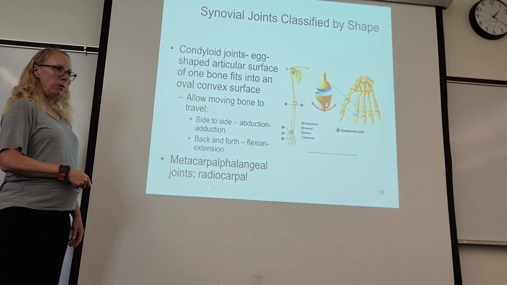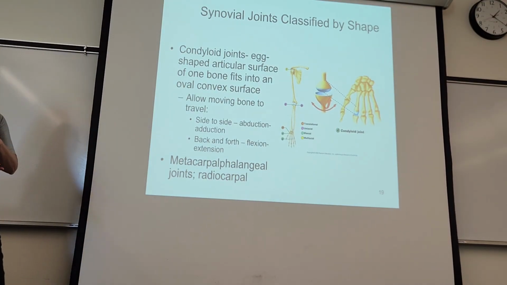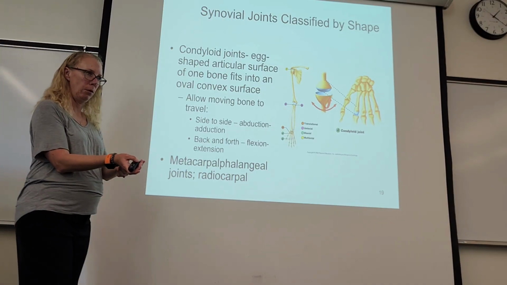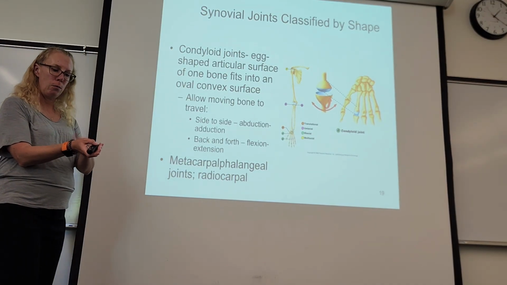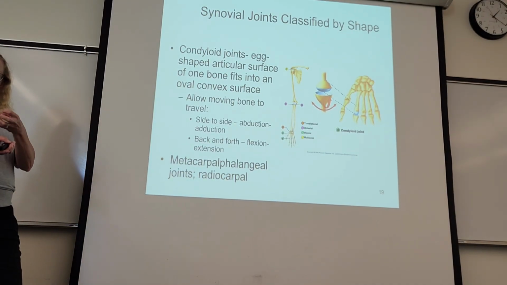The radiocarpal joint is the distal end of your radius articulating with the carpal bones, okay? The distal end of your ulna doesn't really articulate with the carpal bones. It's too small. You guys have already identified where the styloid process is. It's very small. The radial styloid process is more meaty, it's bigger, it's a big bony prominence that you can palpate, okay?